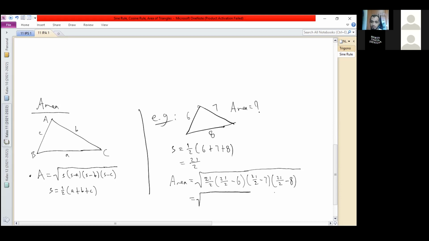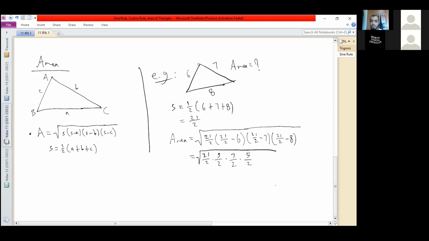But I think it will be easier if we just use the fraction. So 21 divided by 2 times 9 divided by 2 times 7 divided by 2, and then 5 divided by 2. So it will be easier to simplify the root.